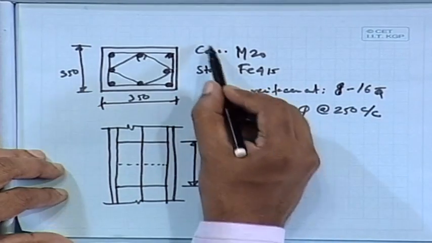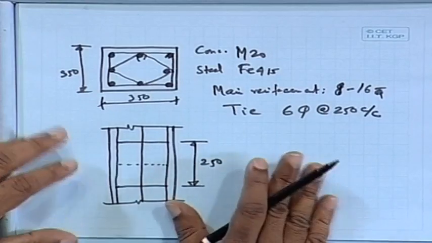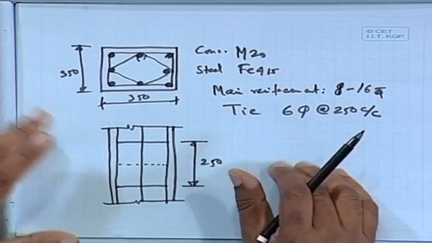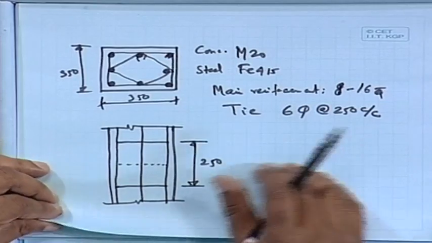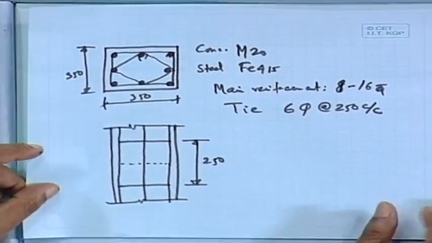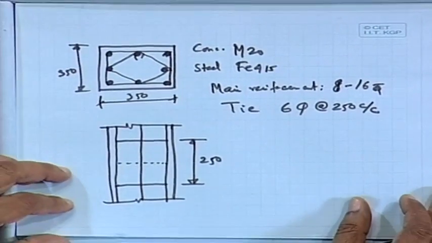So, this is your design that you have to provide, so that your draftsman can make the drawing from here. Okay. So, this is all about the axially loaded column. So, in the next class, we shall continue with the uniaxial bending. Okay. Thank you.